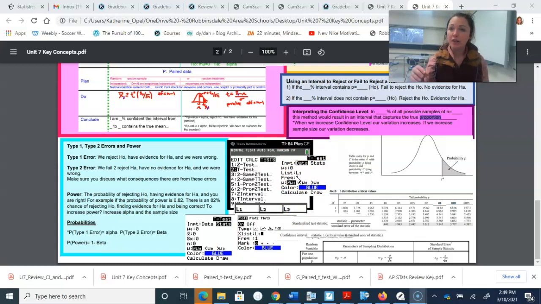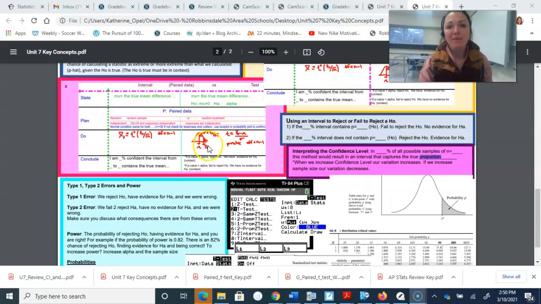You're not going to check the conditions on L1 or L2. You only care about the differences, that L3 column. When you graph to check for skewness or symmetry and no outliers, again, I only care about L3. That's a common question. People think they need to check L1 and L2 for normality. You don't. It's just L3, that difference.